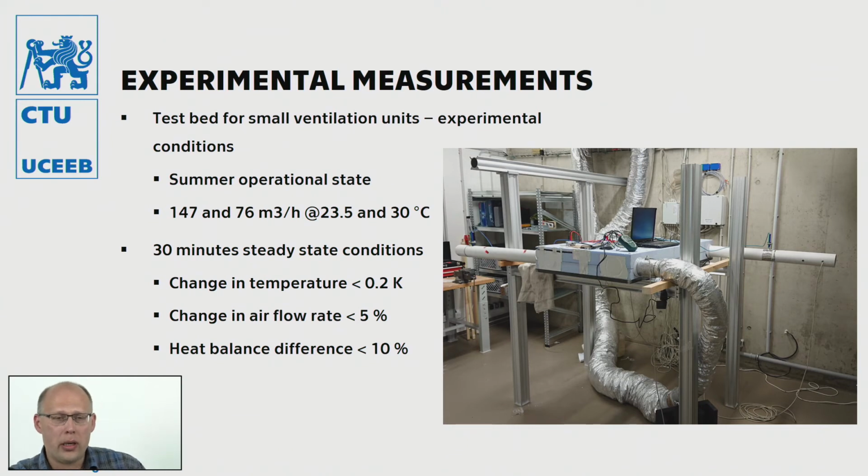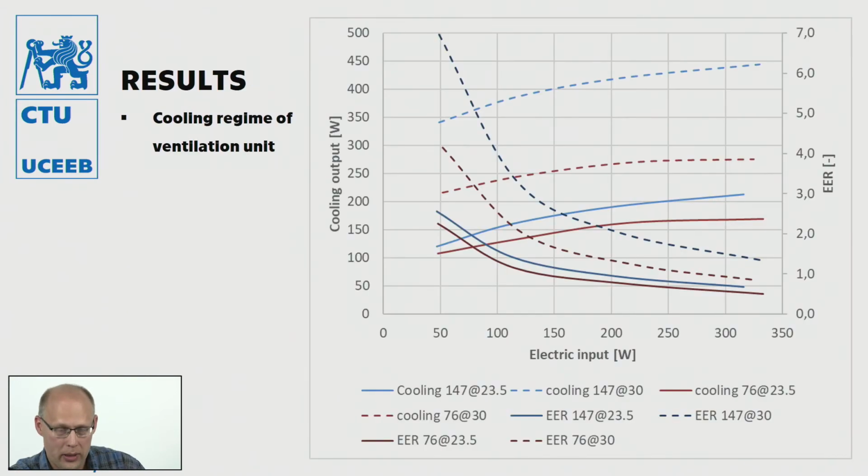At this point, I would like to present two airflow rate states, 76 cubic meters per hour and 147 cubic meters per hour, at two temperatures: 23.5, which represents maybe spring or mild summer, and hot summer, when the inlet air temperature is 30 degrees centigrade.